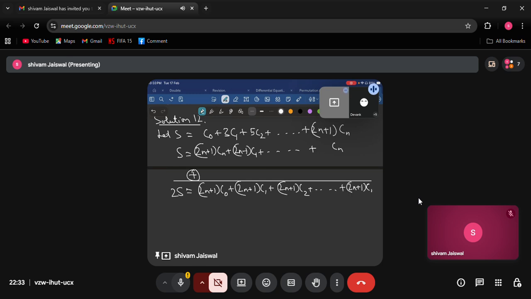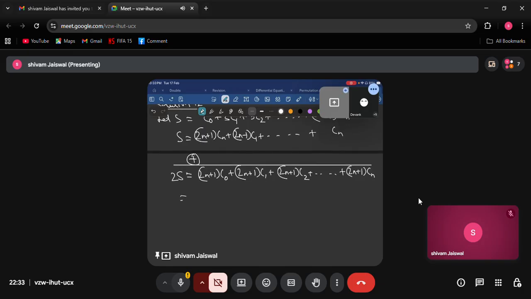Right, tell me, Shomita, Devang, Raktim, Anandit, are you back? So when you take 2n plus 1 common, within brackets you are going to get C0 plus C1 plus C2 plus dot plus Cn. What is C0 plus C1 plus C2 plus up to Cn? What is the value?